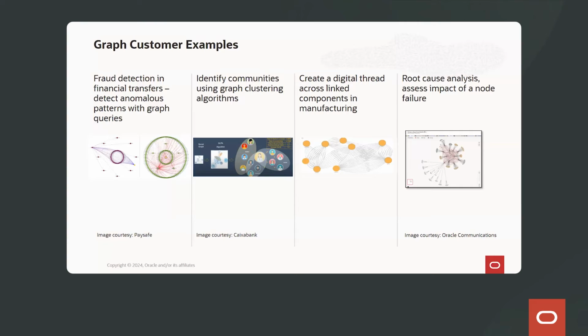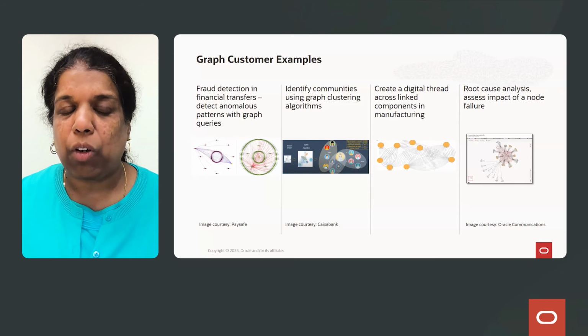And on the left is an example of a payment solutions provider that is using graphs to find unusual, anomalous patterns. It's exactly the example I was talking to you about. So in the visual on the left, they have 2 bank accounts and a lot of bank transactions happening between those 2 accounts, but going through a lot of intermediate accounts. So in their business, this is something they want to flag.